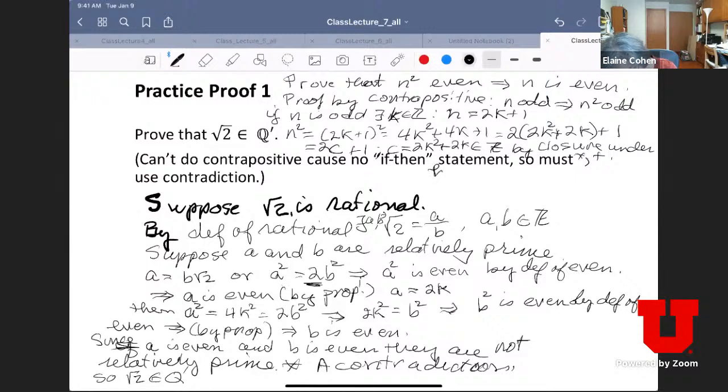Hence, n squared is odd. And that's the proof.